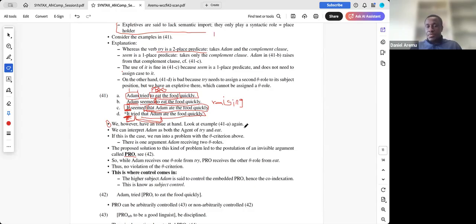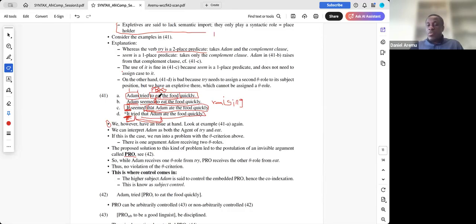Now, in 41A, we have a case where, remember I said predicates or verbs assign theta roles, right? Now, in 41A, it seems that Adam is taking two theta roles, because, remember I said, it is both the agent of try and also the agent of it.